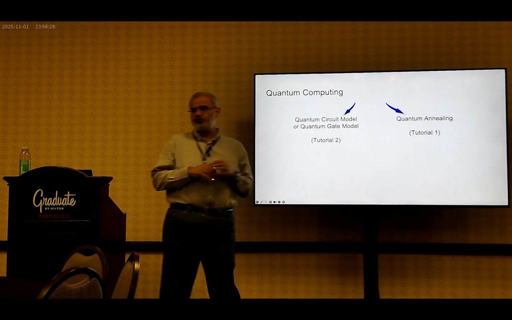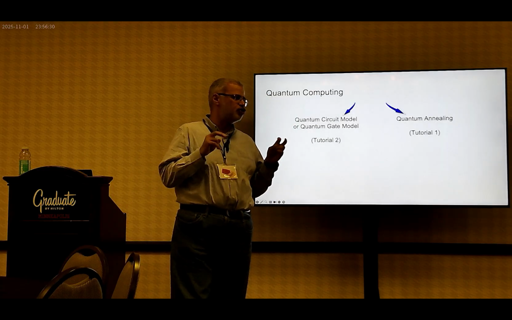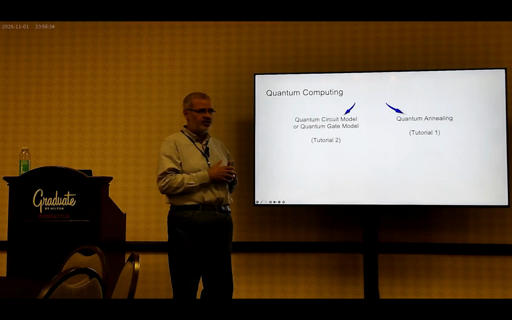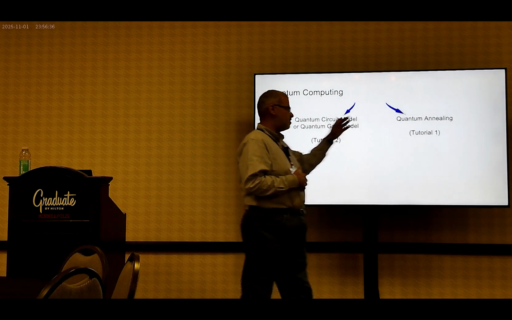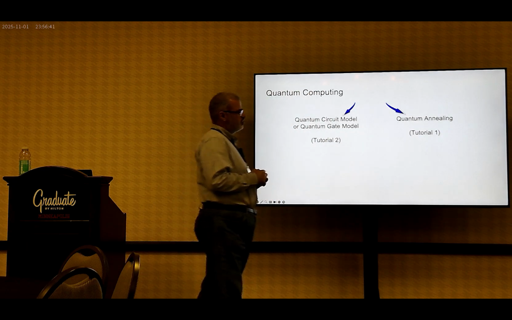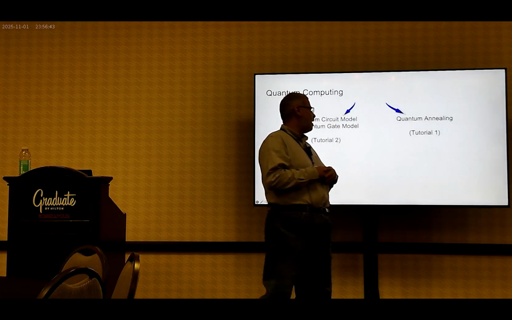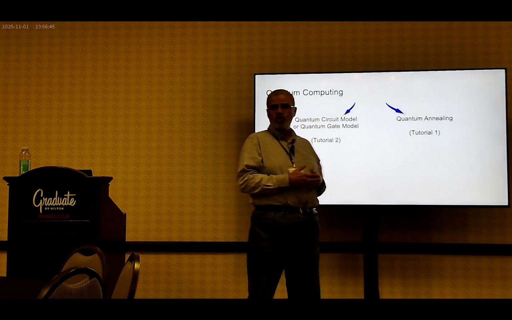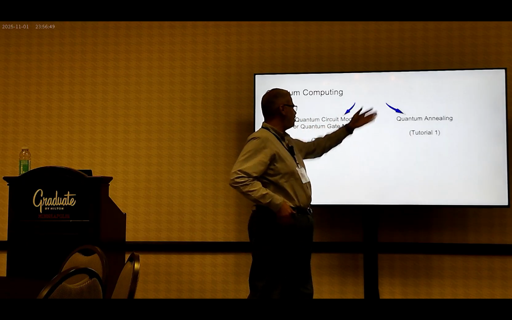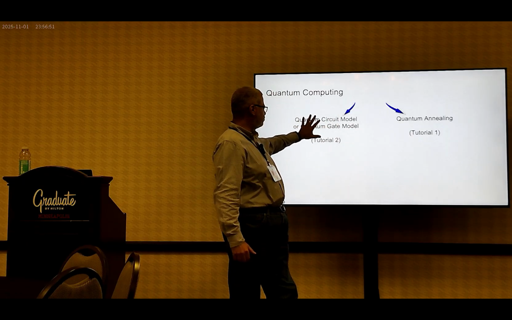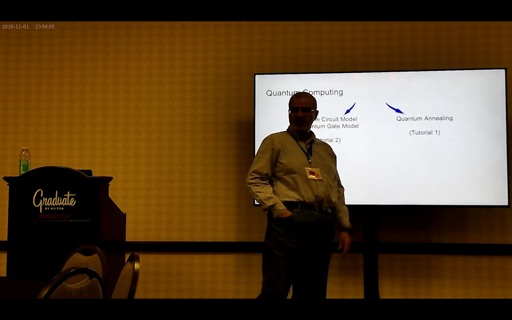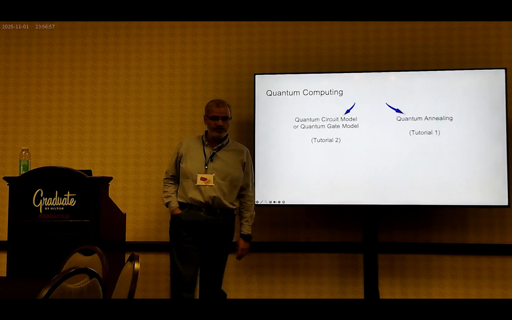And if you are familiar with optimization, this is the quantum version of simulated annealing. Simulated annealing is a classical algorithm for optimization. There is a quantum version that provides enhancements in terms of speed and so on. And in this workshop, we are going to cover both of these models, the general circuit model and quantum annealing. I'll be talking about the general circuit model, and Ibrahim will be talking about the quantum annealing part.